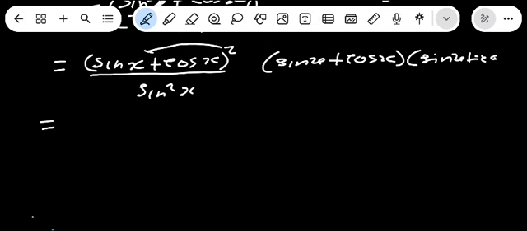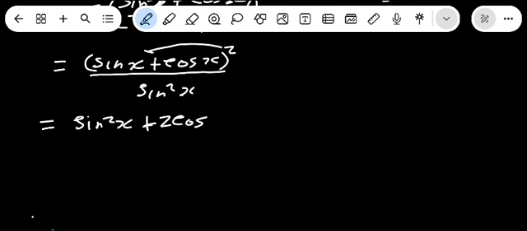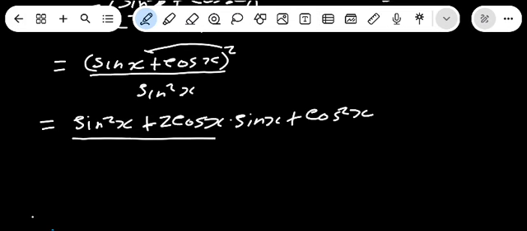You simply distribute: square the first one will be sine squared x, then plus the middle part, 2 cos x multiplied by sine x, then you square the last one, will be cos squared x, all over sine squared x.